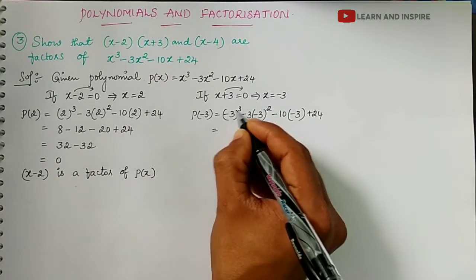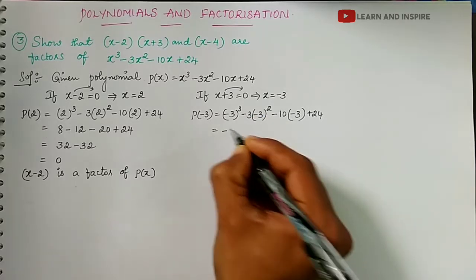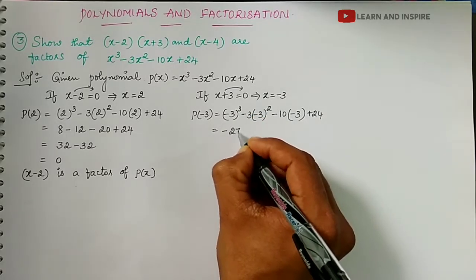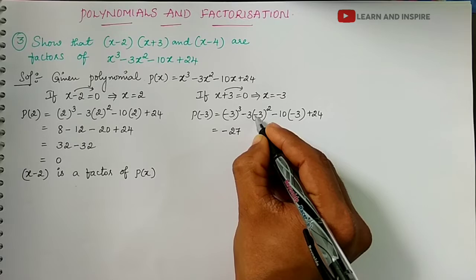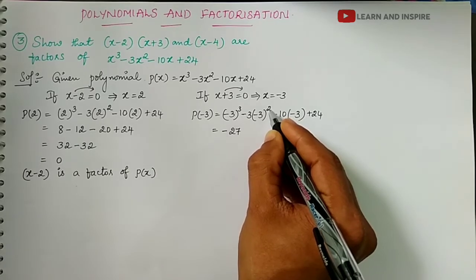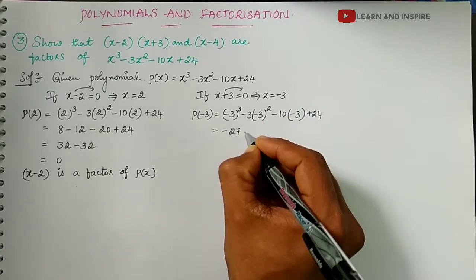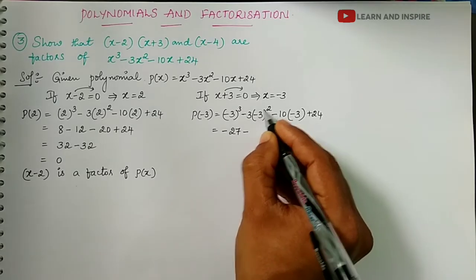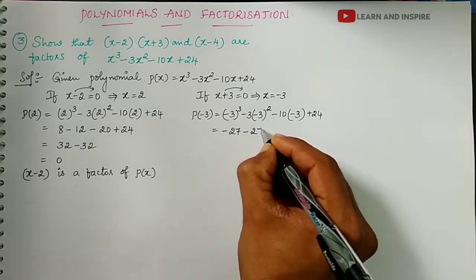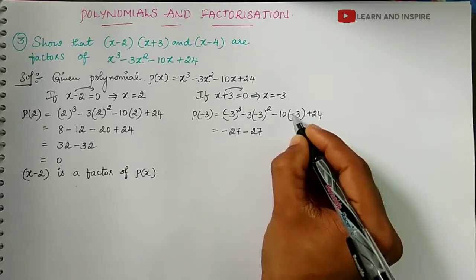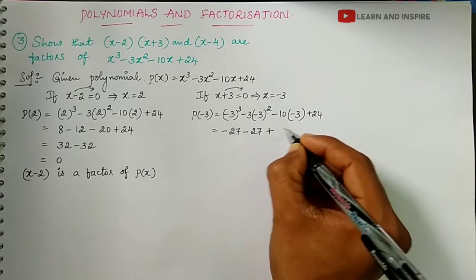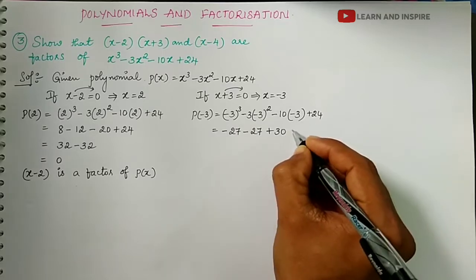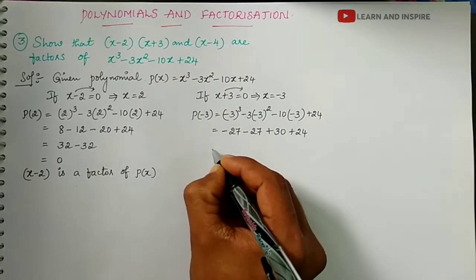Then minus multiplied 3 times, we get minus 3 cube is minus 27. Here minus is multiplied 2 times, we get positive. Again plus into minus is minus. 3 square is 9, 9 into 3 is 27. Minus into minus is plus, 10 threes are 30, plus 24, right as it is.